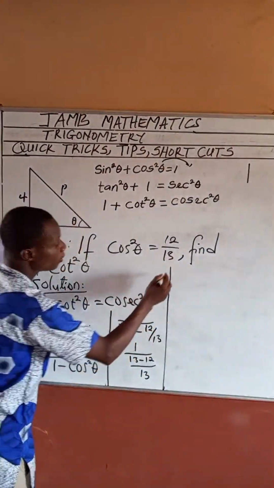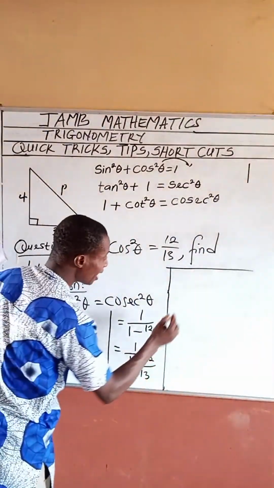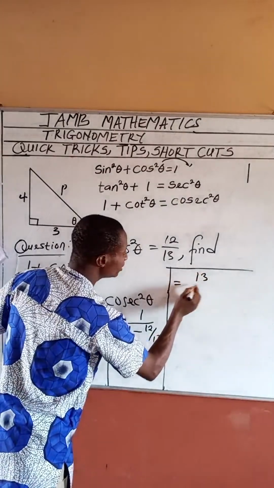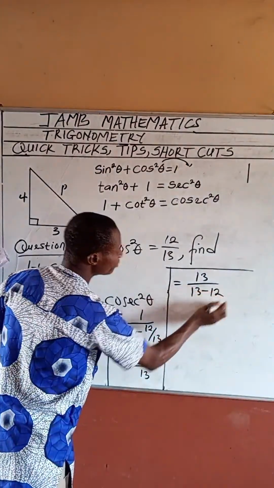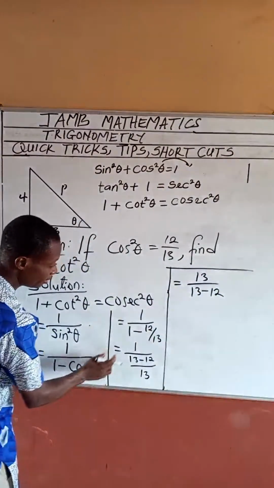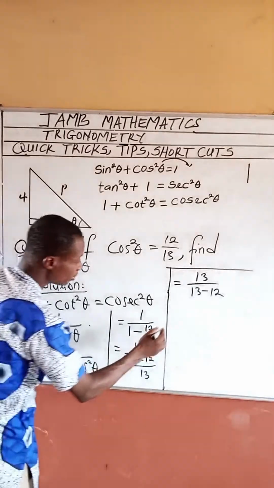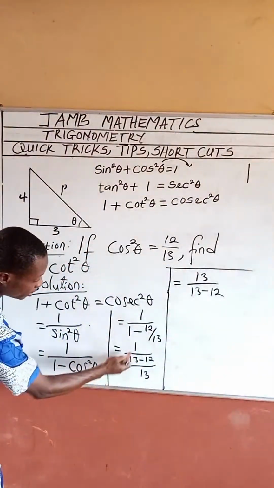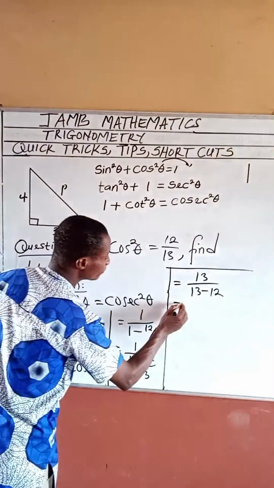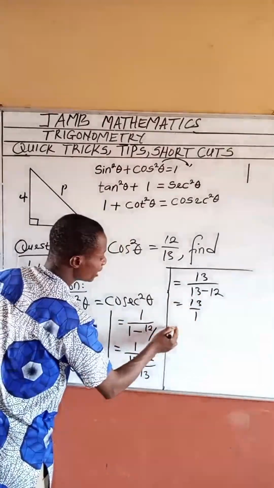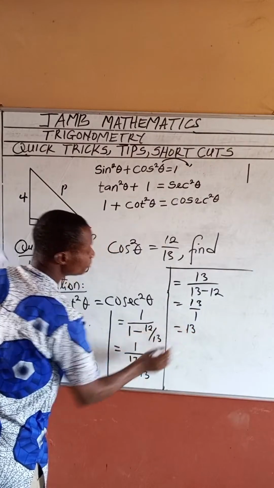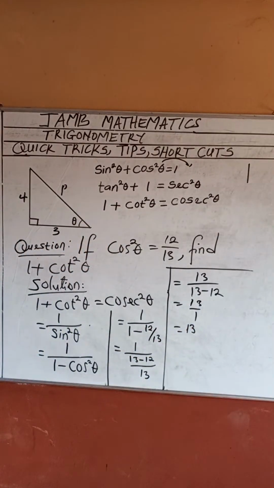So it implies that we are going to have 13 divided by 13 minus 12. 13 minus 12 is 1, and this is 13. This is how simple it is. The answer to this question is 13. I do hope it is well understood.